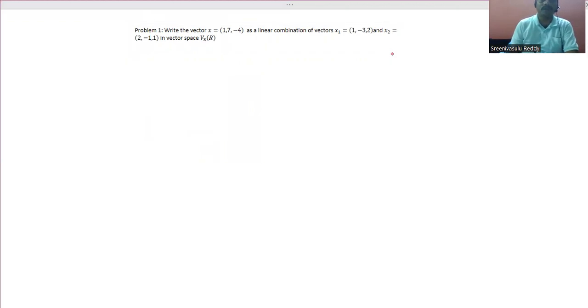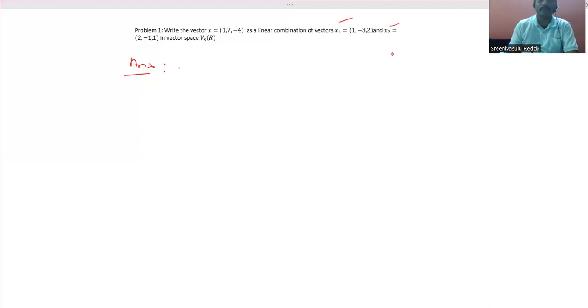Answer: here x1, x2 are the given vectors. This vector x is written as a linear combination of these two vectors.